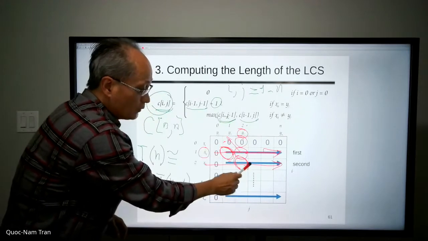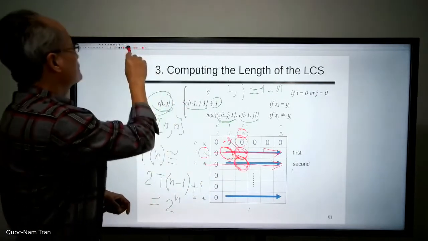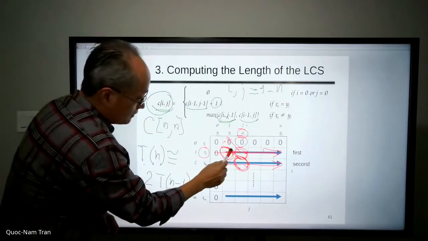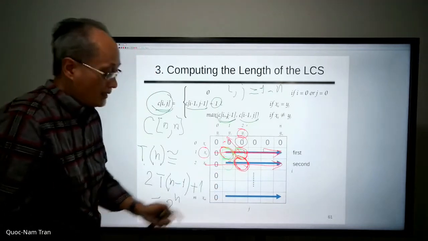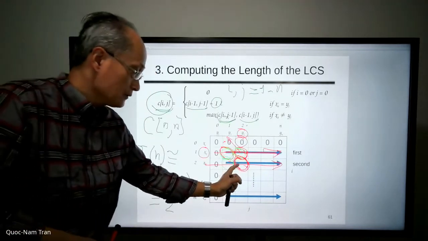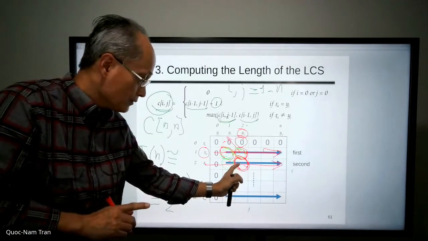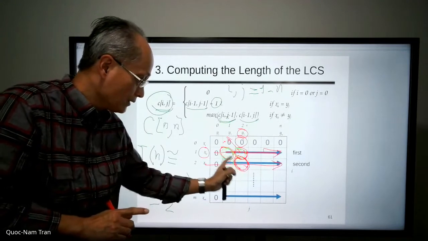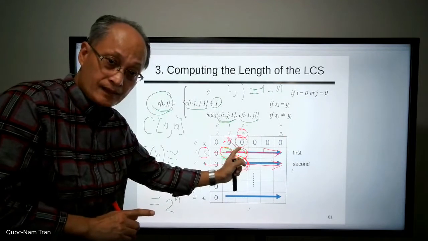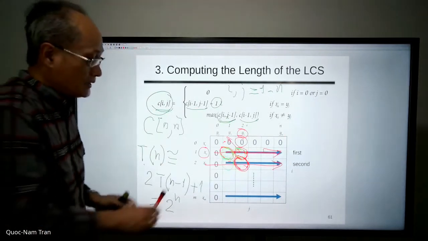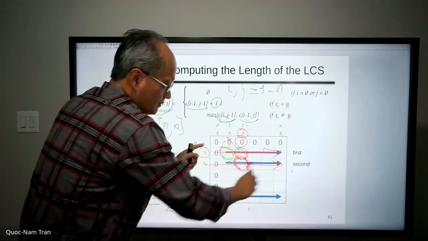So the calculation of this cell depends on 1, 2, 3. Any values that we need to fill in this table, we only use the value from here, the diagonal, or the left, or the upper. So that said, we can fill up this table left to right, row by row.